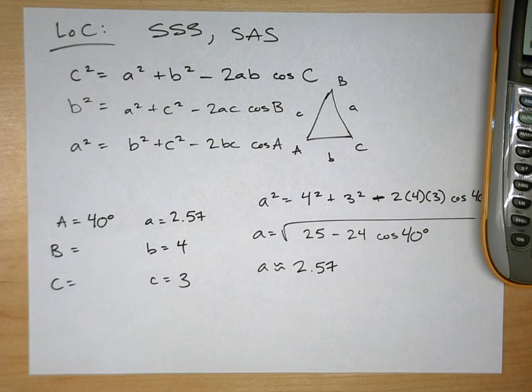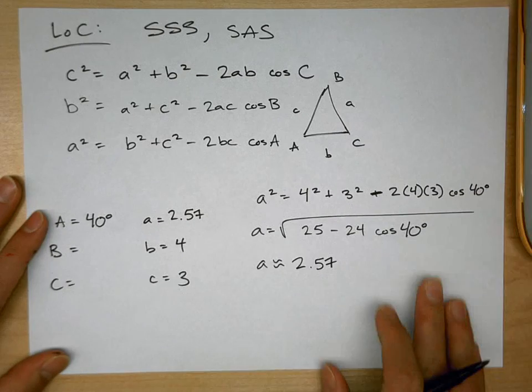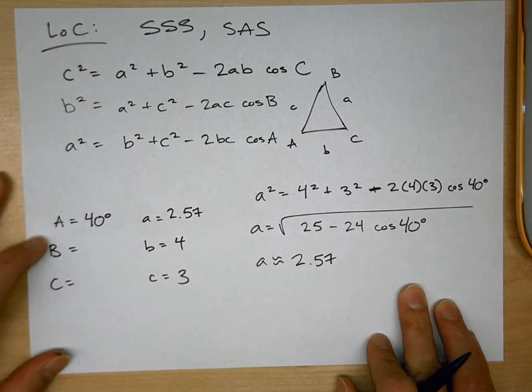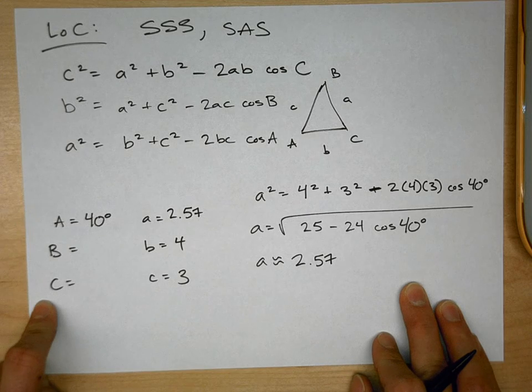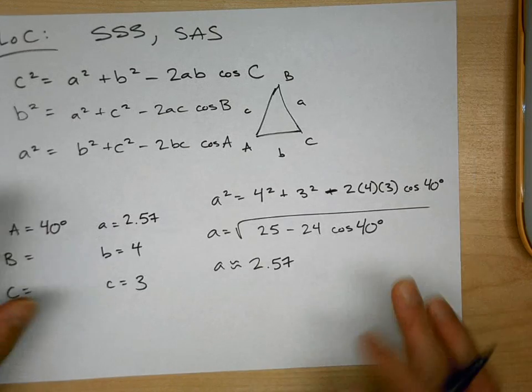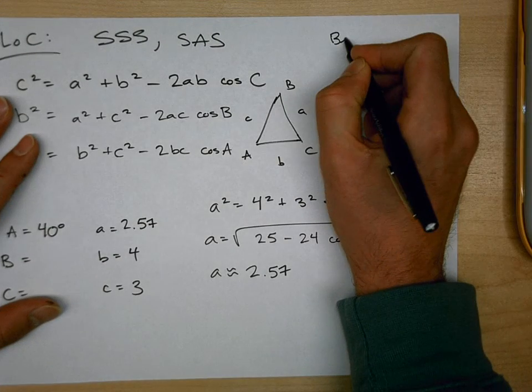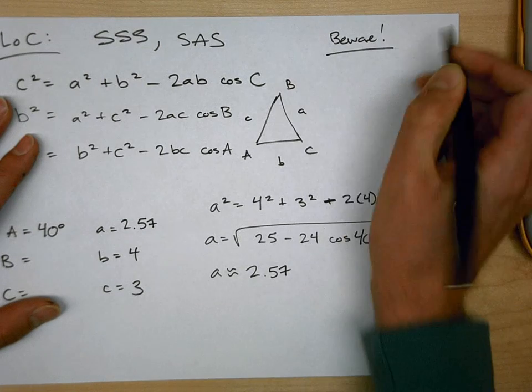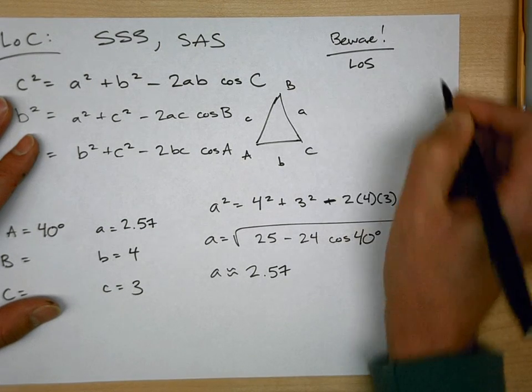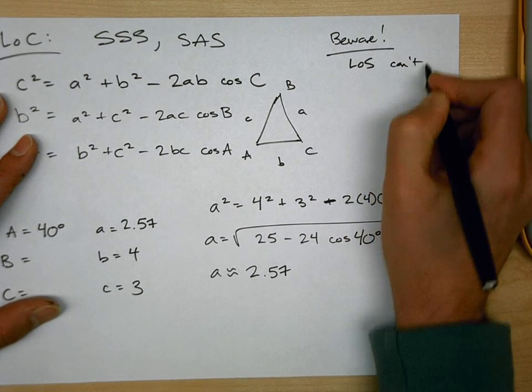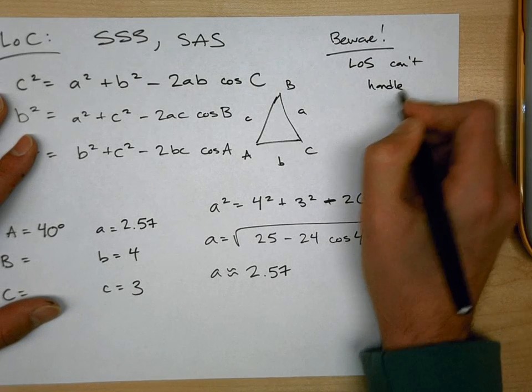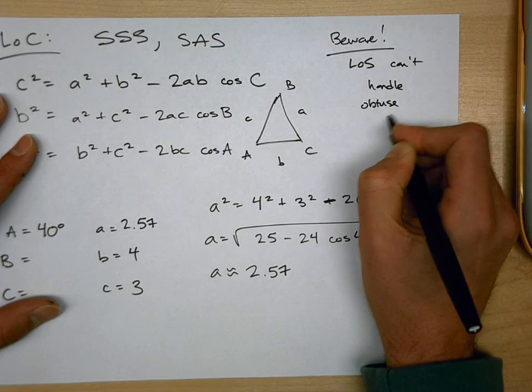Okay, so at this point, one could finish solving this using the law of cosines or the law of sines. But let me give you a tip. Beware: the law of sines can't handle obtuse angles.